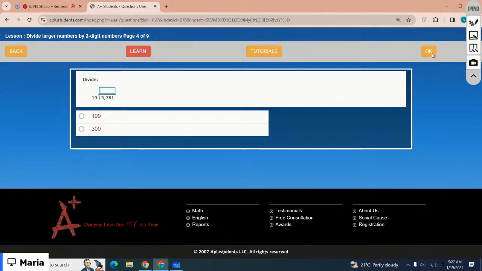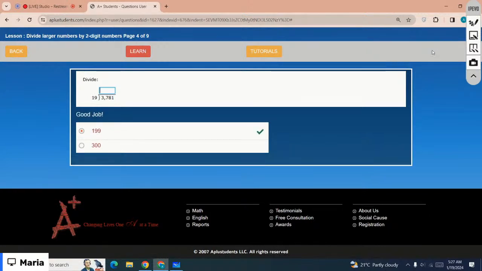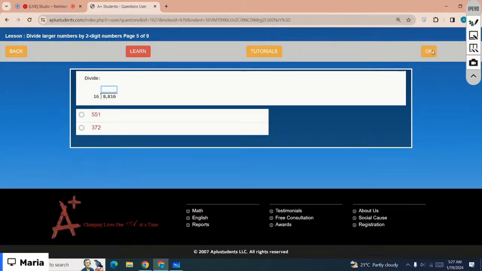The correct option is, yes, that is 199. The correct option is option number 1. It's okay, very good if you're doing it on your notebook or canvas, whatever you're using, very good. 199, right? The next one is 8816 divided by 16. So, which is the correct option?